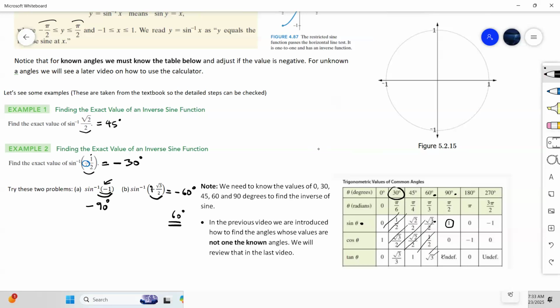All right, now let me ask you, just to clarify things, what if they said something like this? Sine inverse 2. What would the answer be? The value is not in the table, right? So you could try to go to the calculator but the calculator is going to say error.